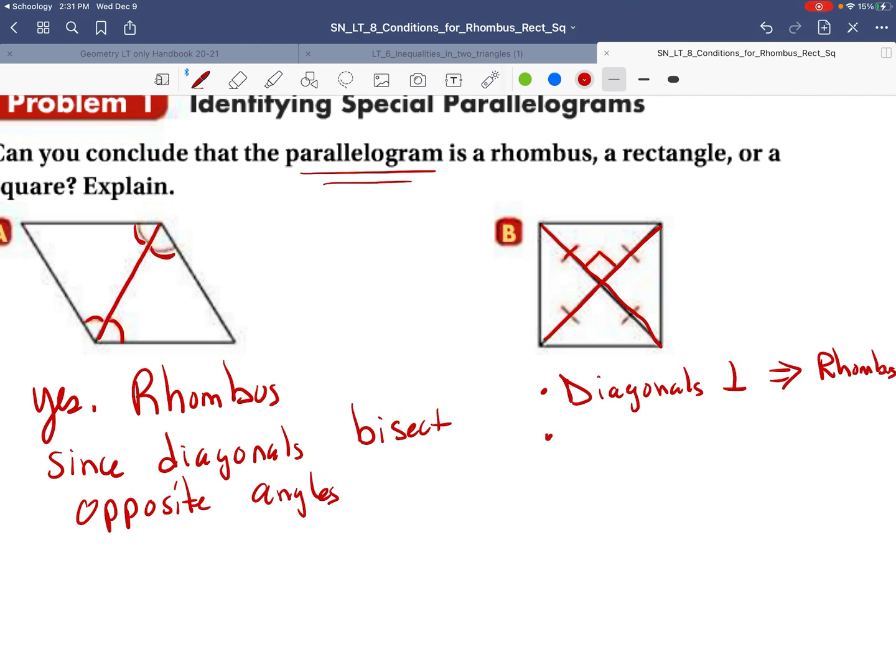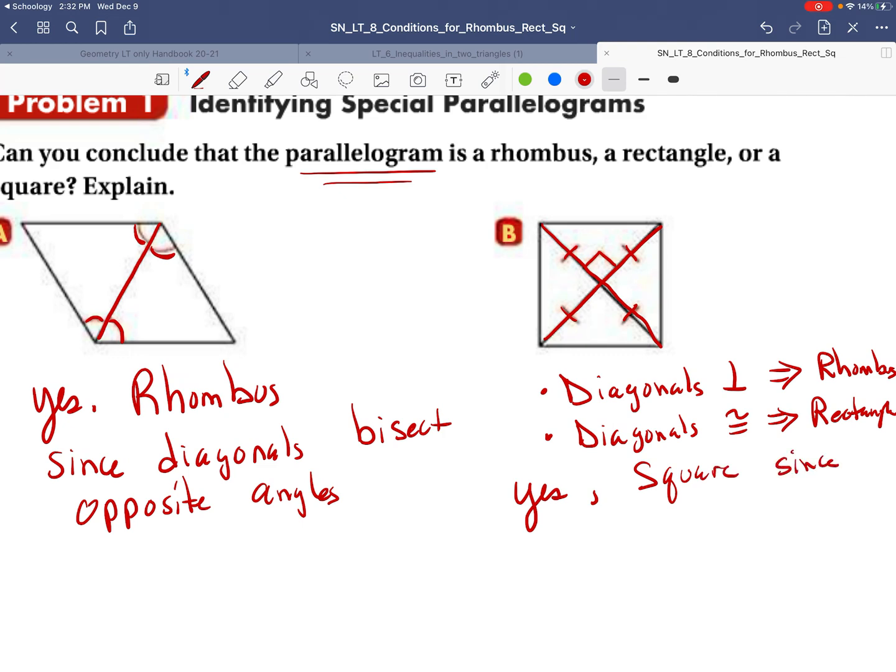We also see that the diagonals are congruent to each other. That makes it a rectangle. Now, when a figure is both a rhombus and a rectangle, we call it a square. So yes, it's a square, since it is both a rectangle and a rhombus.